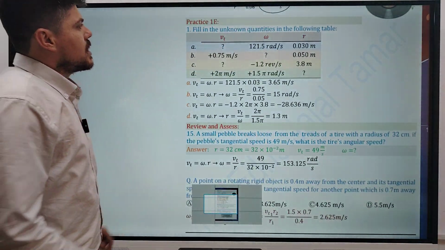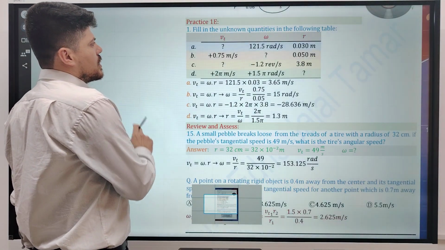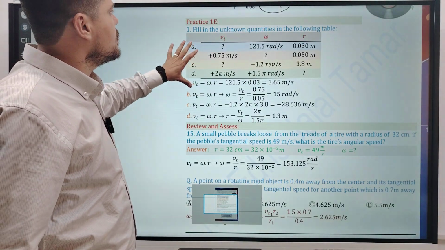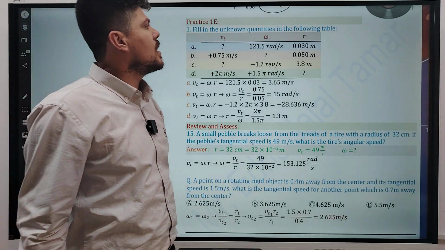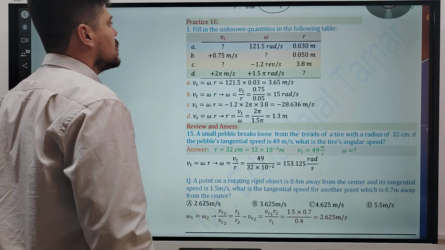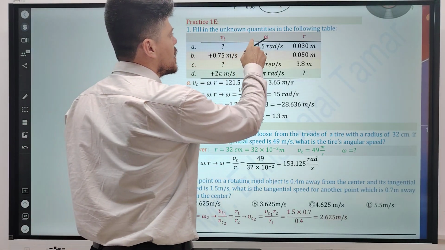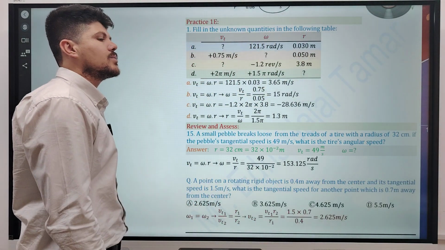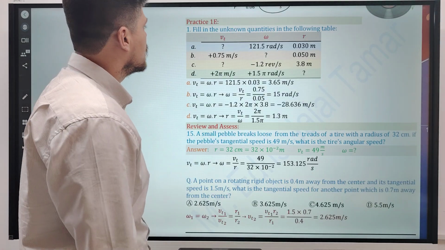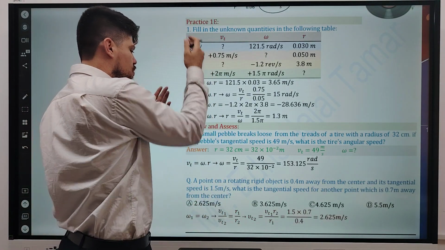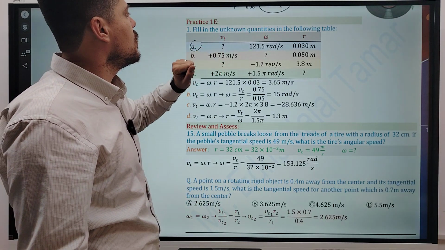So look at this table, and this table also is very important. It has been brought in the exam many times. Be careful. Fill in the unknown quantities in the following tables. Okay, we have three columns. The first column is tangential speed, the second column is angular speed, and the third one is radius or distance from the axis of rotation. For branch A, it's already solved here. What is unknown? Vt.